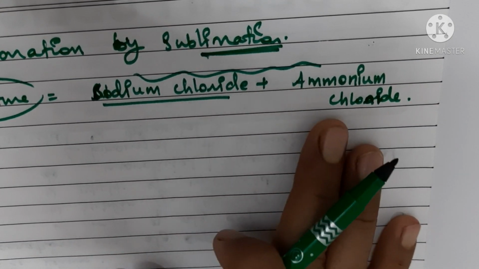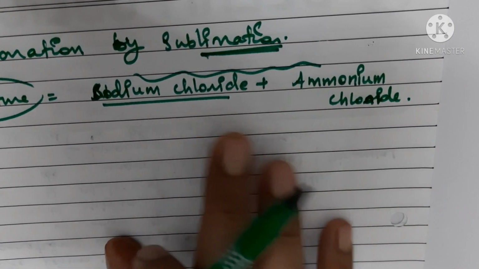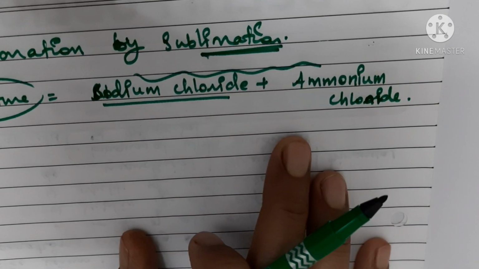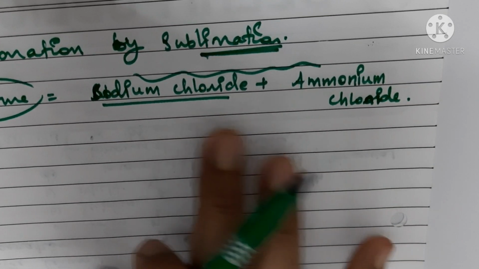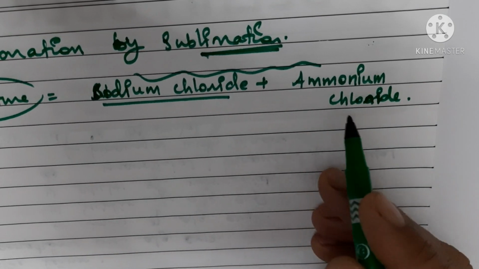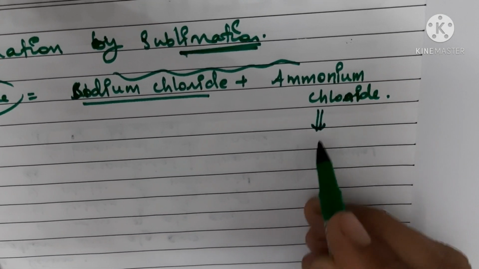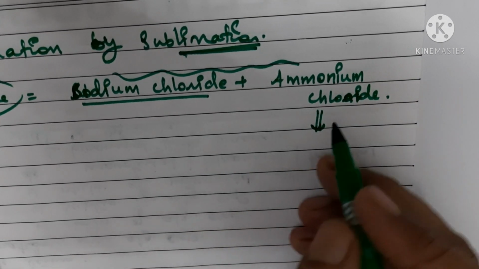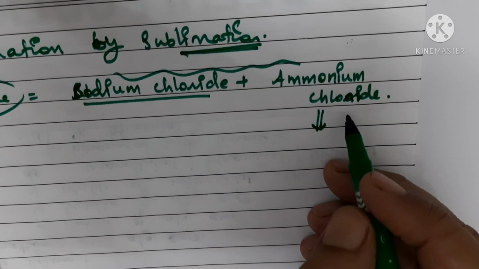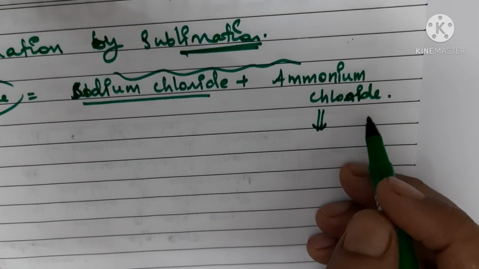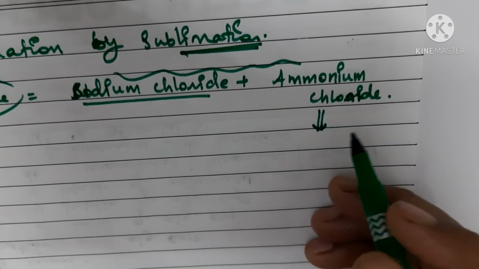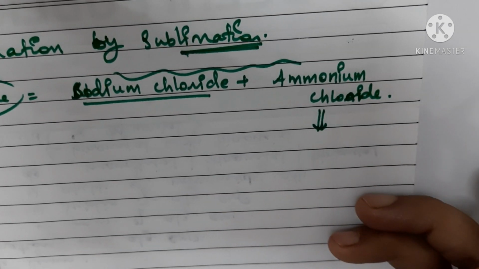Now if you have to separate these two solids, these two are in solid form, right? In this case, what are we going to use? We are going to use the property of ammonium chloride of sublimation. It is able to sublimate. Okay, this ammonium chloride can sublimate directly to gaseous state.